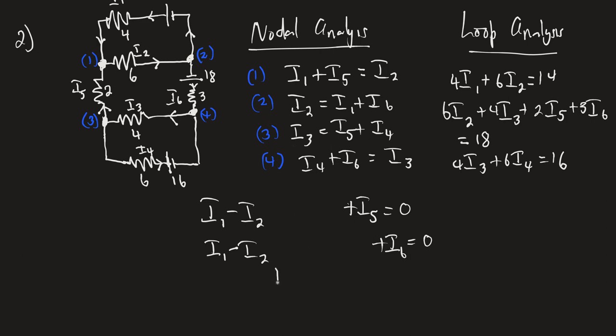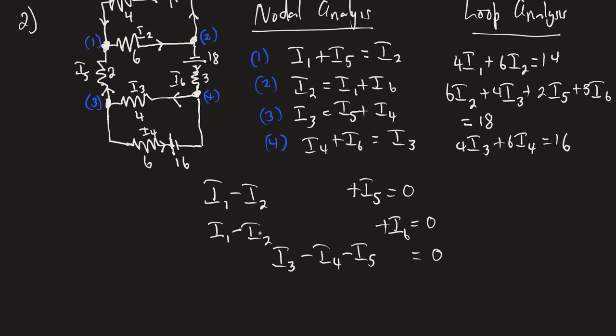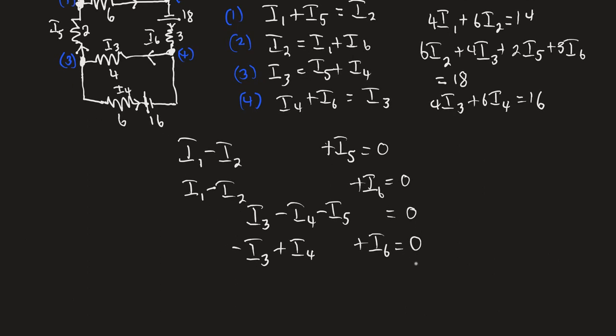Third equation there tells me I3 minus I4 minus I5, that's equal to 0. And then our last nodal equation is, if I move over the I3, it becomes negative I3, and then plus I4, and then plus I6. That's equal to 0.